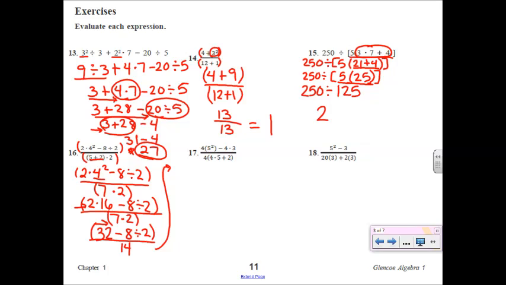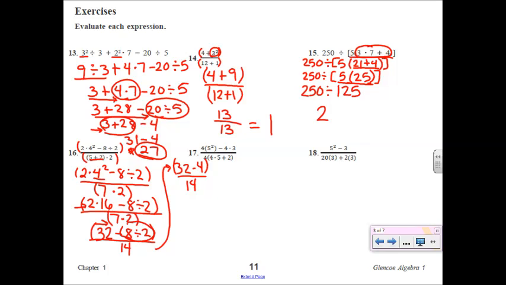And then the next multiplication or division that I run into, left to right, is 8 divided by 2. So I have 32 minus 8 divided by 2 is 4 over 14.